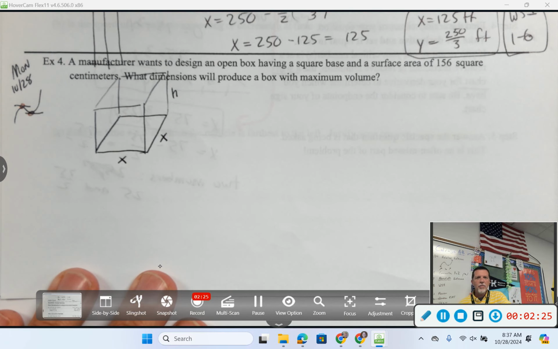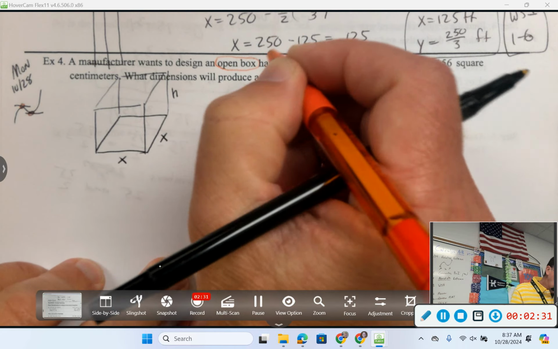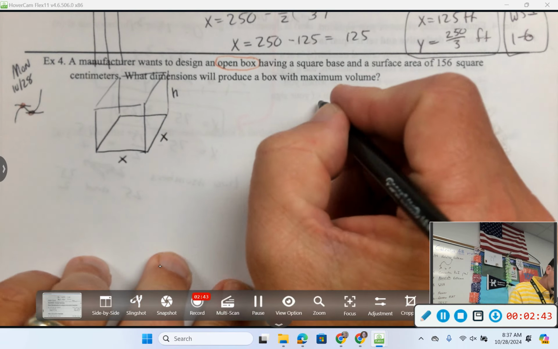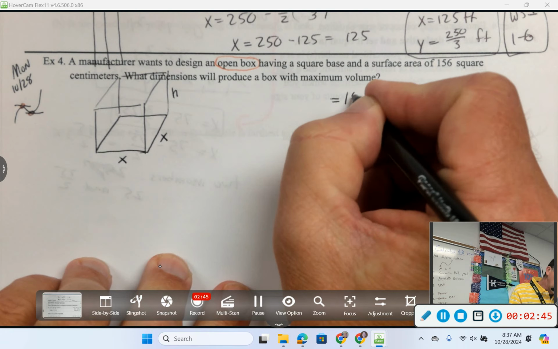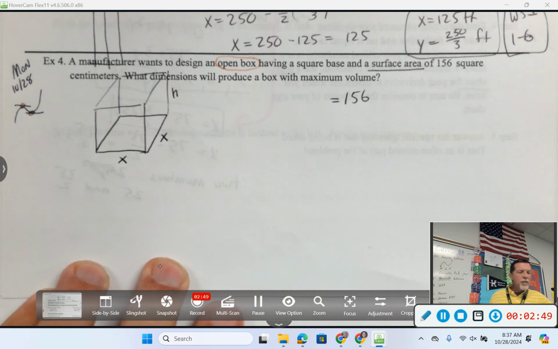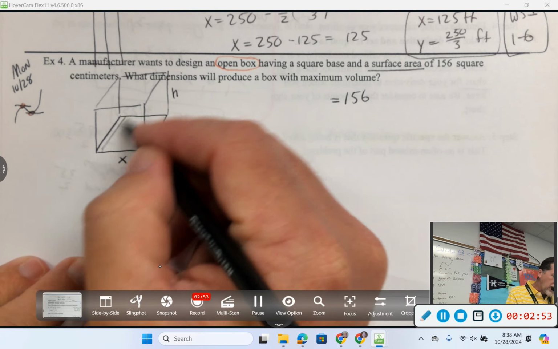Okay, so there's the picture of what's going on. It's an open box, so that won't matter for volume, but it will matter for surface area. So we need to be careful about that. Surface area of 156. So something equals 156. Surface area, that's adding up all the areas. So we've got our base area.